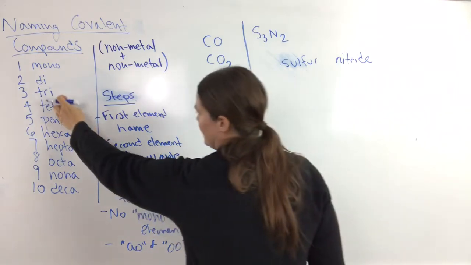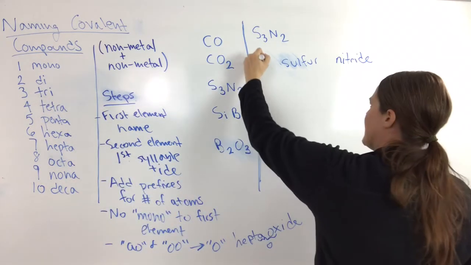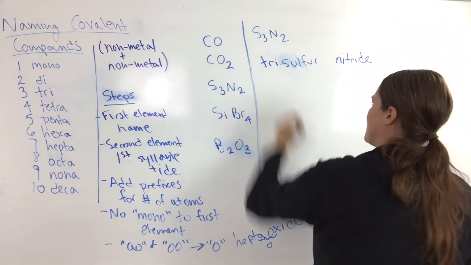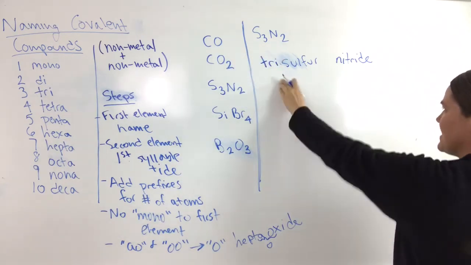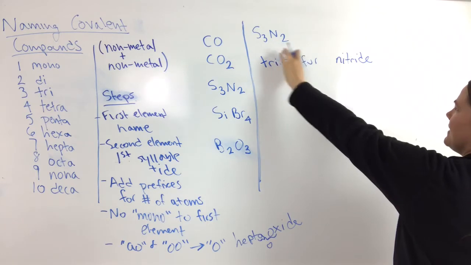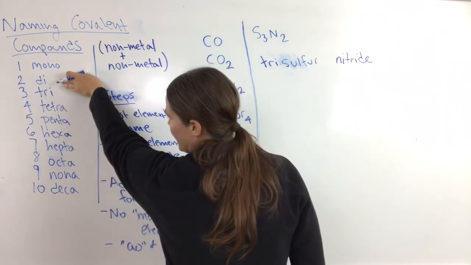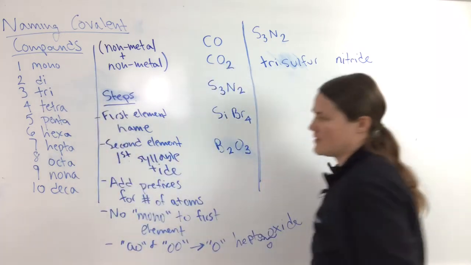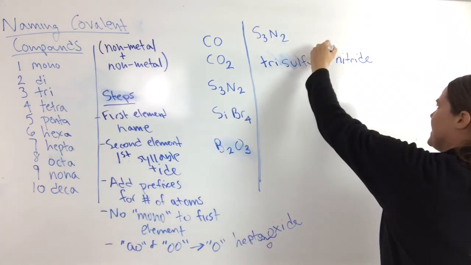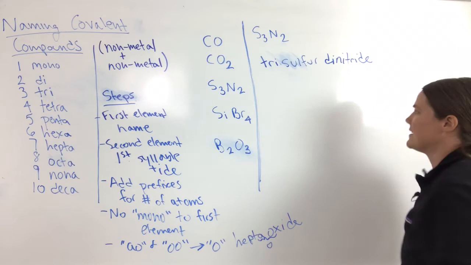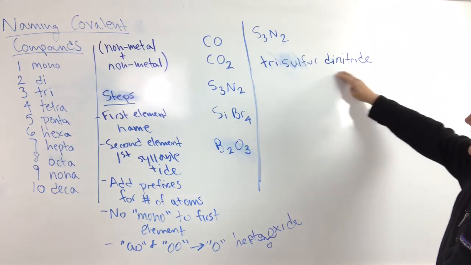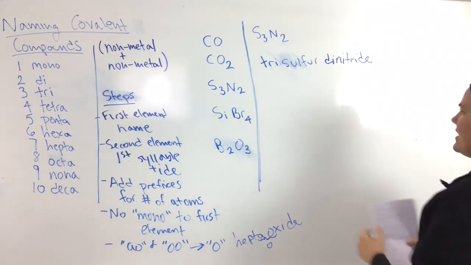The prefix for 3 is tri, so we have trisulfur. On the nitrogen, we have 2 nitrogens, and the prefix for 2 is di, so we add di to the second element. So we have trisulfur dinitride.